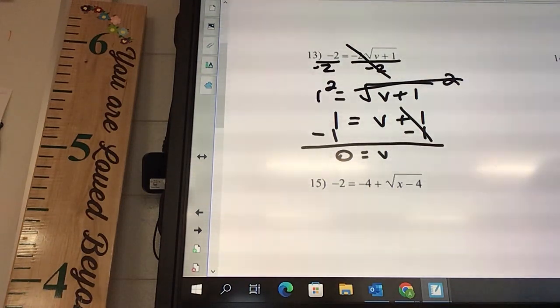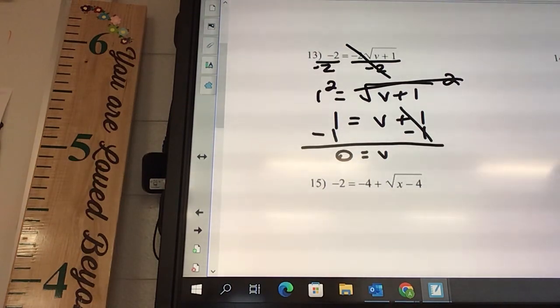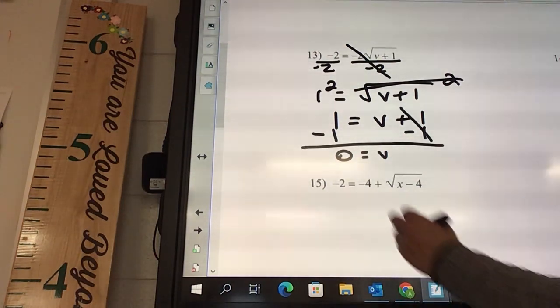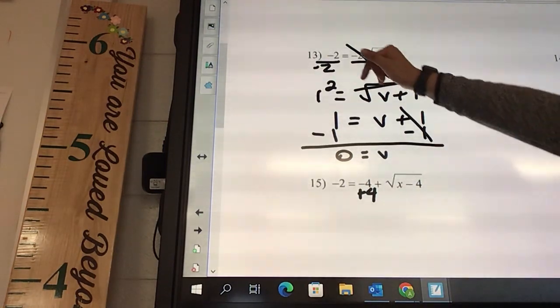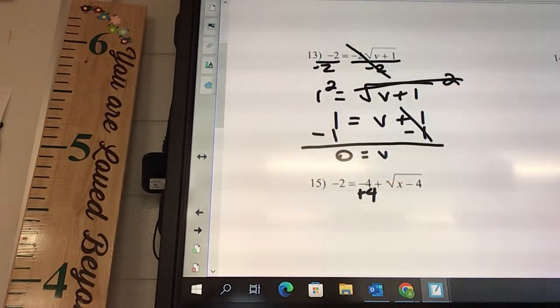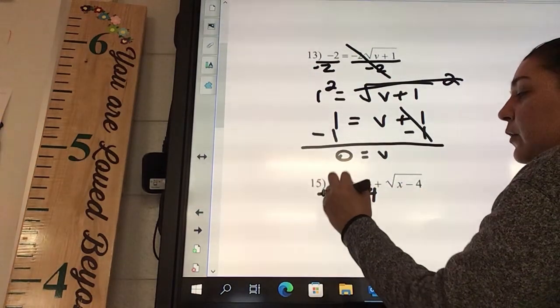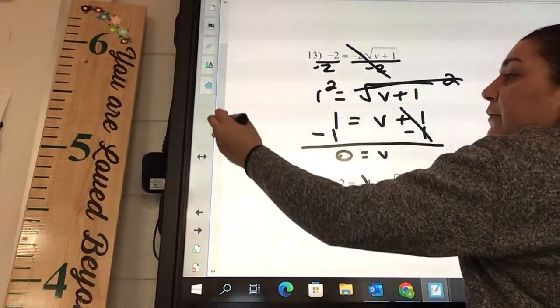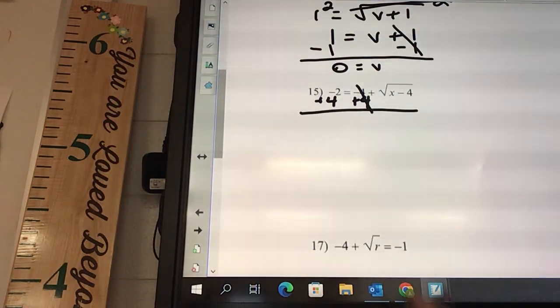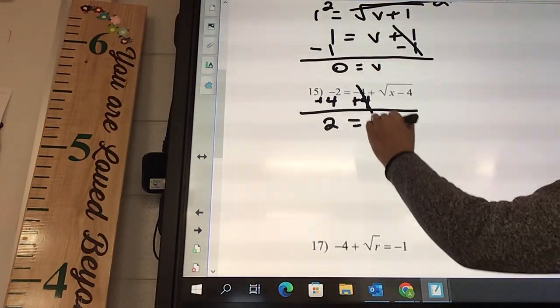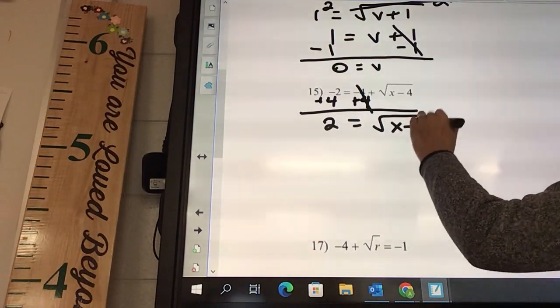Okay, 15. Is there stuff on the outside of the square root? What is it? Minus 4. How do I move a minus 4? Plus 4. So we only divide if it's sitting next to it with no plus or minus sign, okay? So we're going to say plus 4 on both sides. Negative 2 plus 4. 2 equals square root of x minus 4.